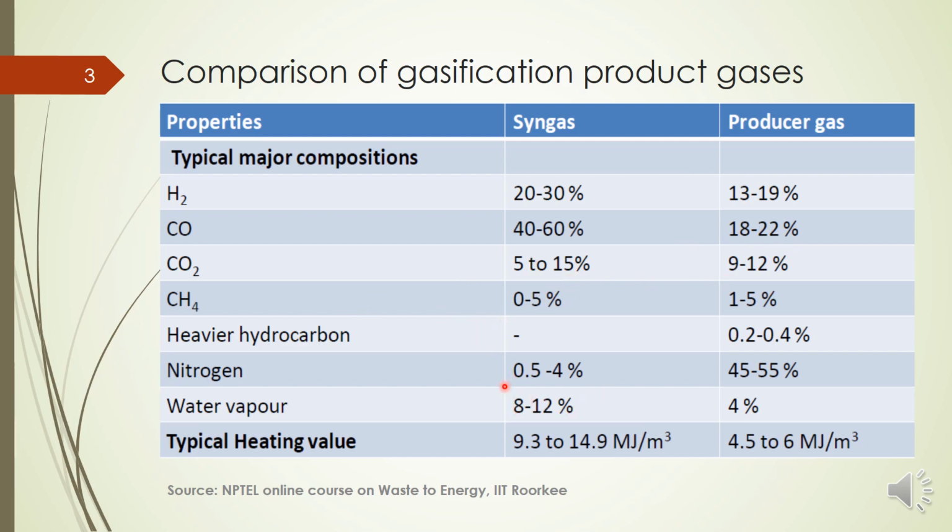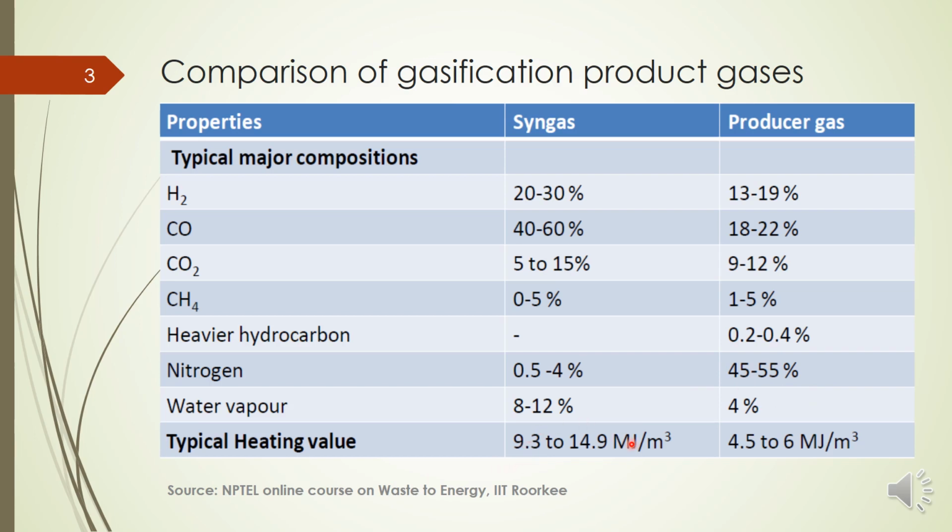And mainly you look at the nitrogen content. If you are using oxygen for gasification, the nitrogen content will be very less, because it depends only on the small amount of nitrogen in the biomass itself, less than 4% in that range. But if you are using air for this gasification, you can see here around 45 to 50% will be nitrogen.